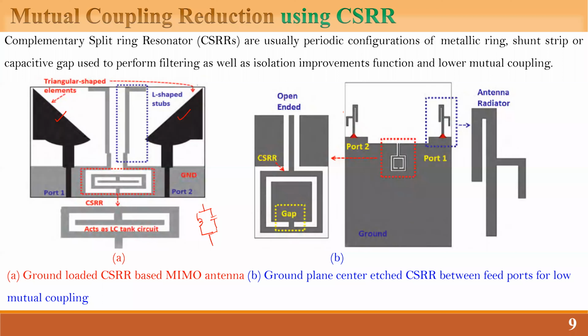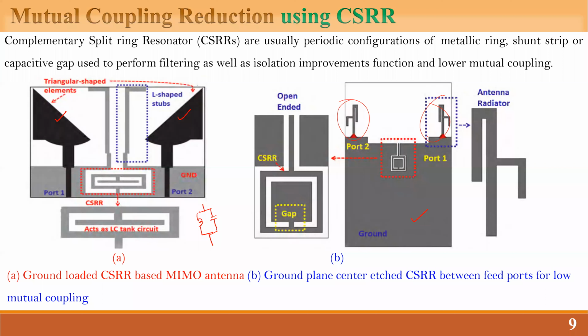These are monopole antennas, and on the ground side you have a CSRR structure. These structures give you a resonance. At that particular resonance, there will be a very high impedance, ideally infinite impedance. Automatically, the current won't travel from this antenna to the other antenna. That is the simple topology.